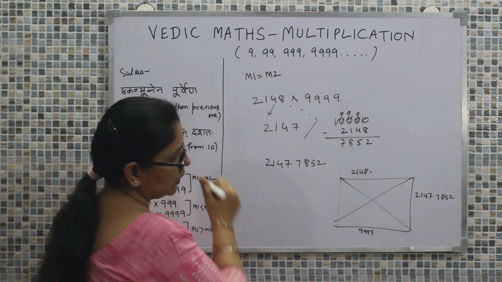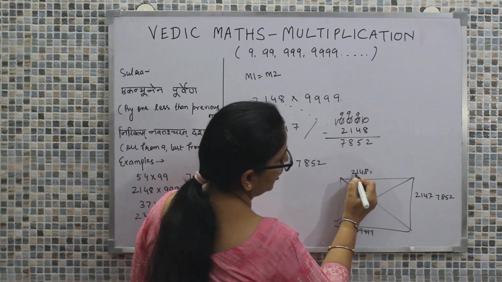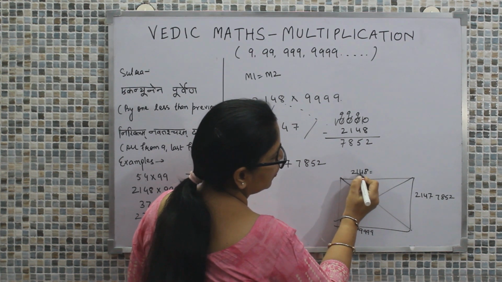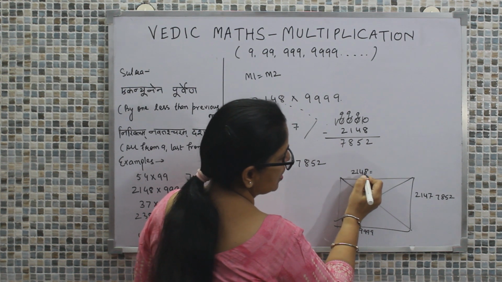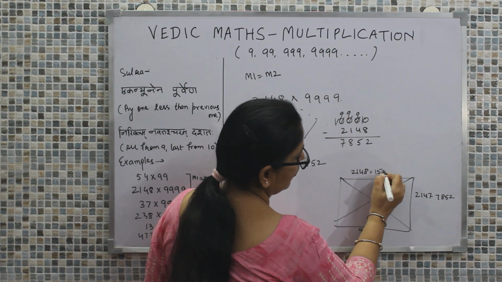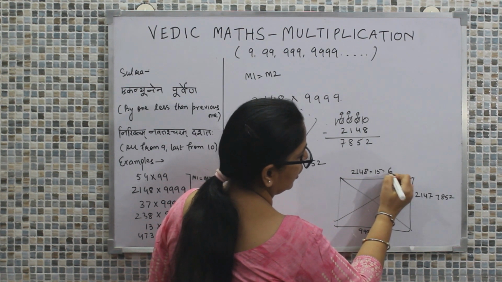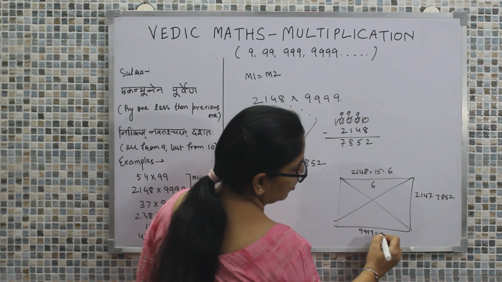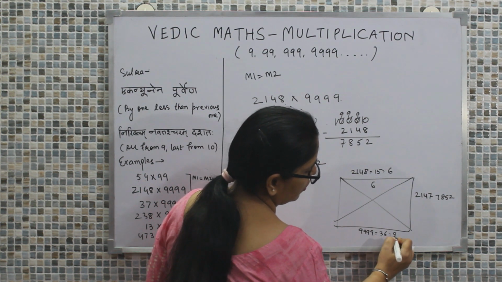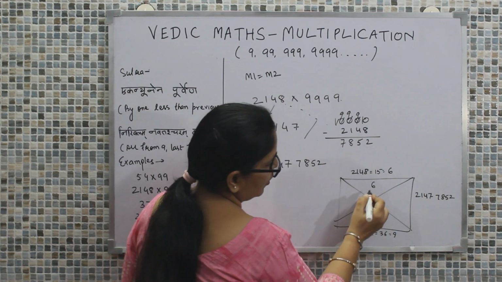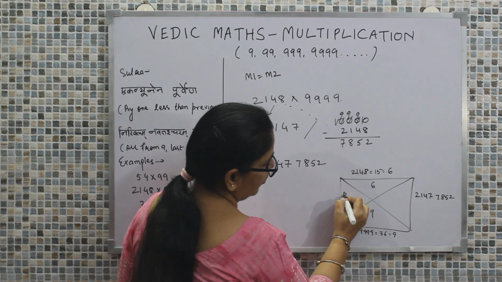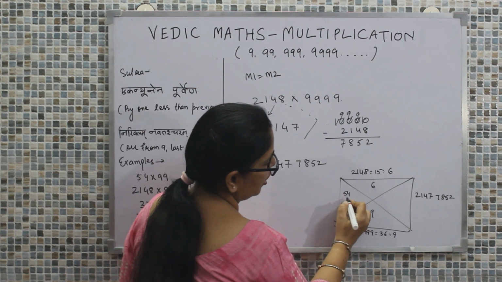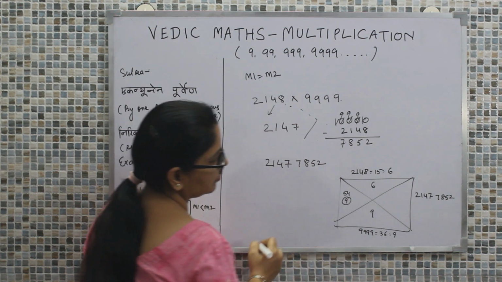Now let's calculate the digital sum of 2148. 2 plus 1 is 3, 3 plus 4 is 7, 7 plus 8 is 15. 15 means 1 plus 5, that is 6. 4 times 9, 9 4s are 36. 36 means 9. So 6 9s are 54. 54 means 5 plus 4 is 9.